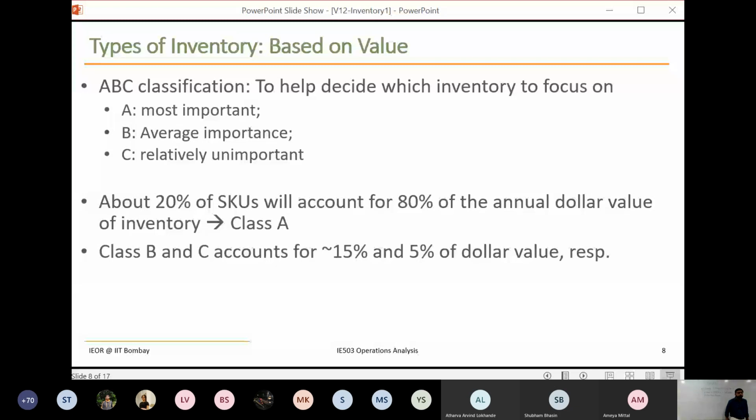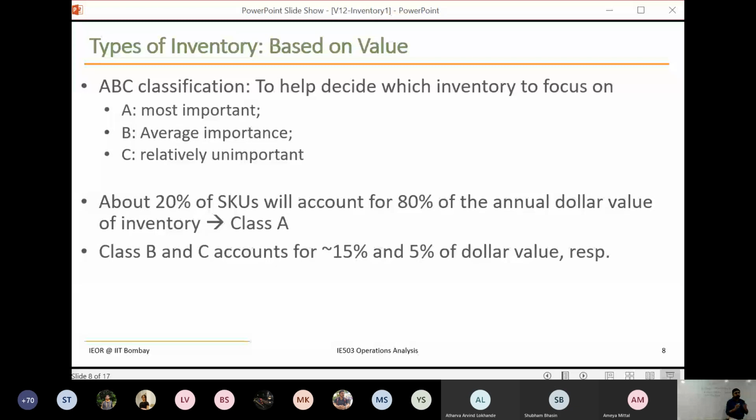Based on the value of the inventory, we decide whether it is A category, B category or C category. It can go further, you can have D and E categories also, but broadly we have A, B, C. A is the most important: about 20% of SKUs typically account for 80% of the dollar value of inventory. That is class A.